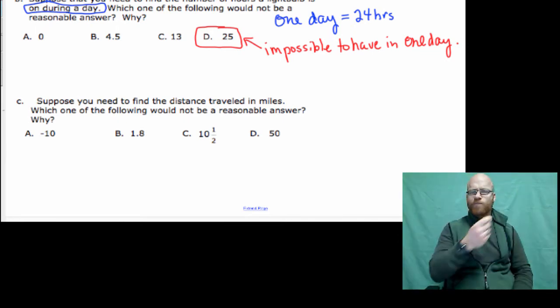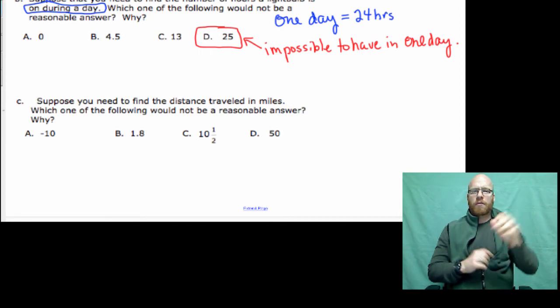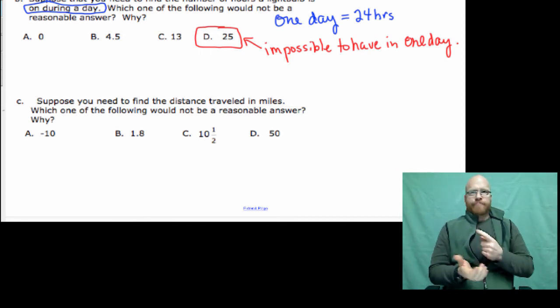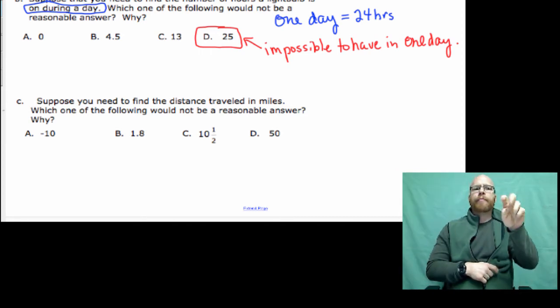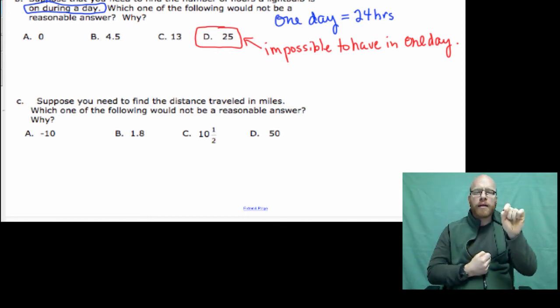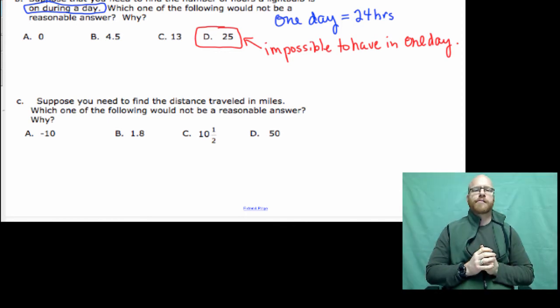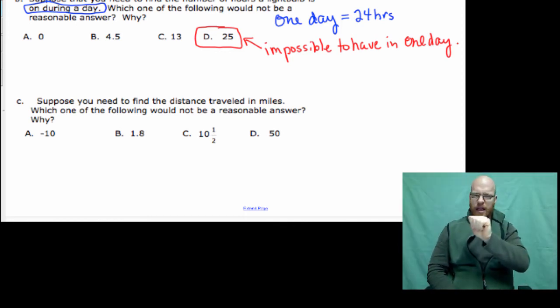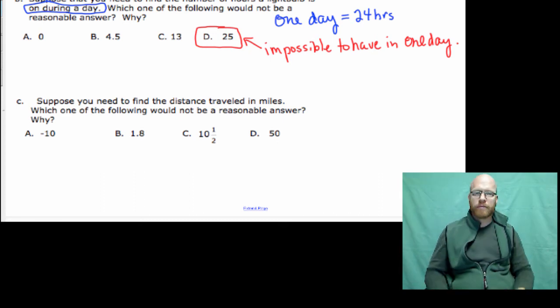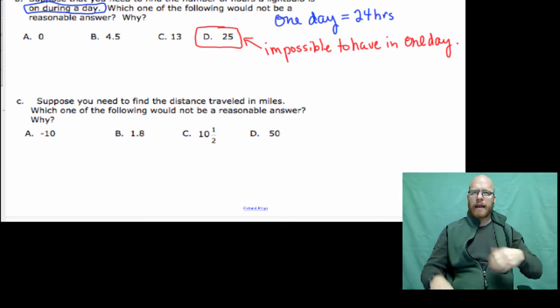Now C. It talks about travel and traveling. I just had a summer trip. How many miles did I drive to this place and back? Which of these answers, A, B, C, or D, is entirely not possible or not reasonable? I could drive 50 miles, that's for sure.